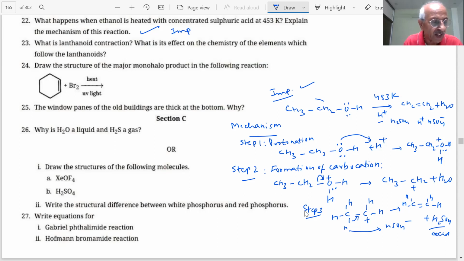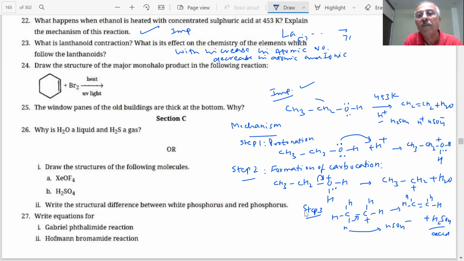What we find in the case of the lanthanides, lanthanum, cerium, as it moves from 57 to 71: with increase in atomic number, students, there is a decrease in atomic and ionic size.